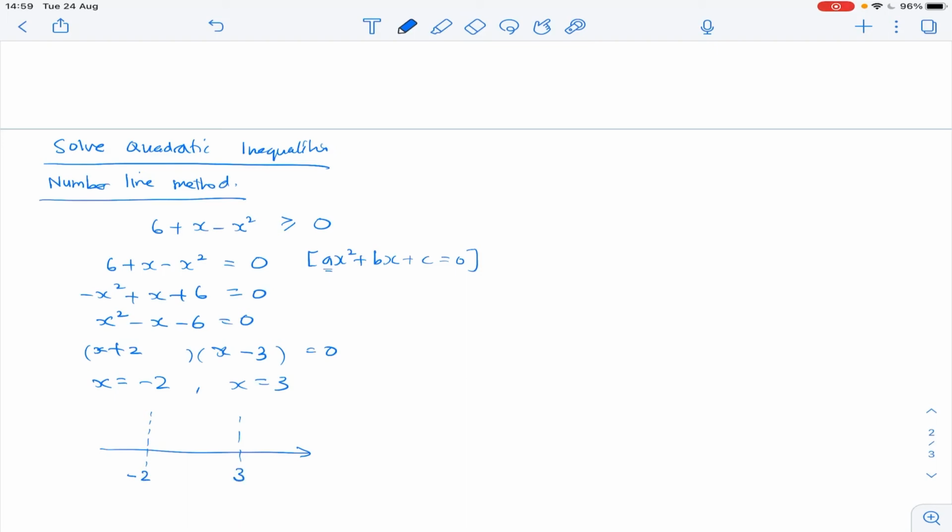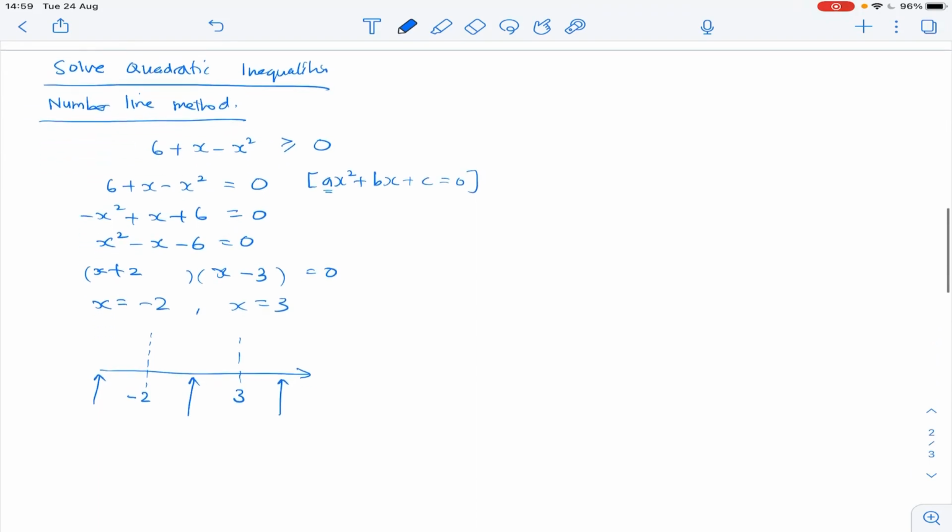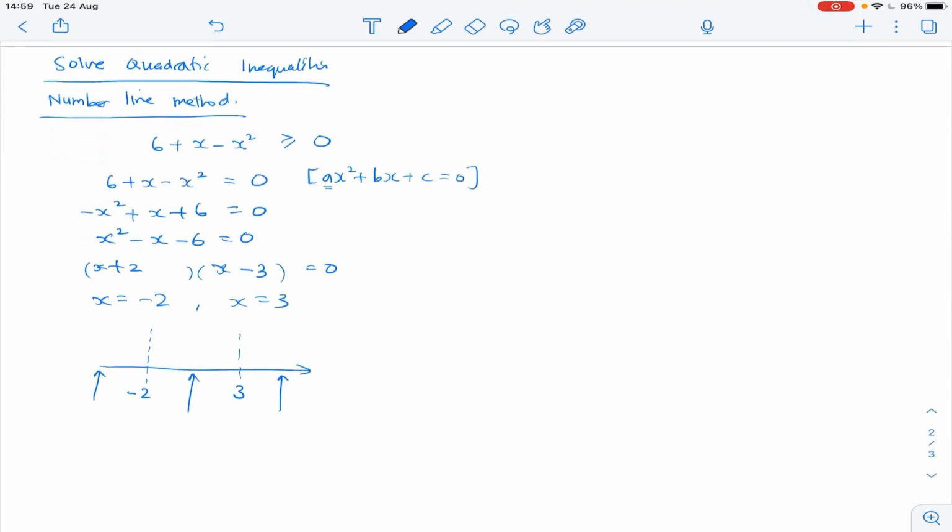And what I like to do is, for the range of x less than negative 2, I like to find a value here, a value in this range, and a value here. So I need to find 3 convenient numbers which I can easily insert into the function, which is 6 plus x minus x squared, to see whether the value I get is a positive or a negative value.